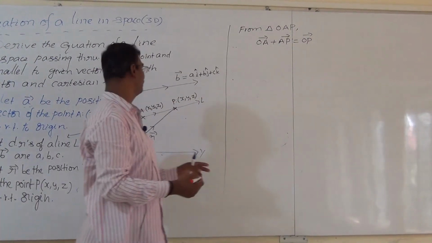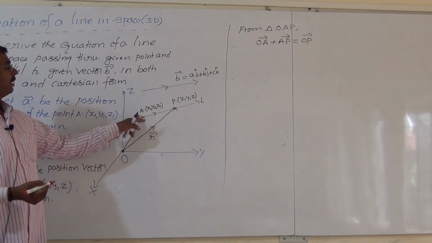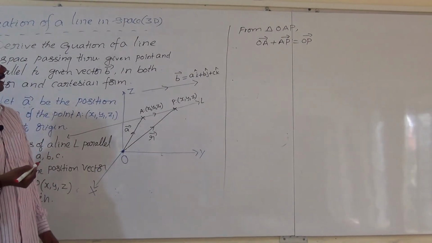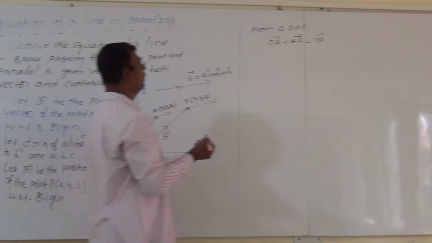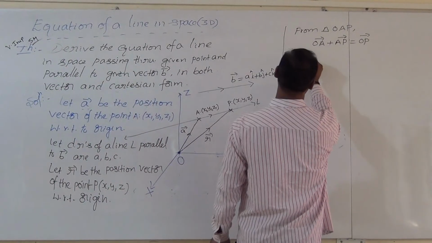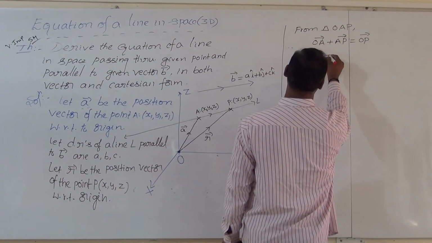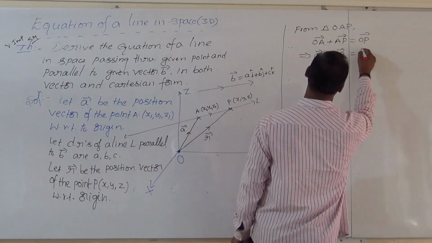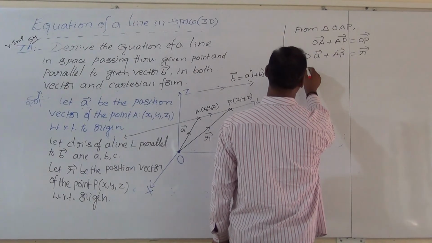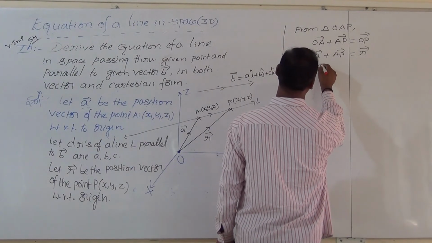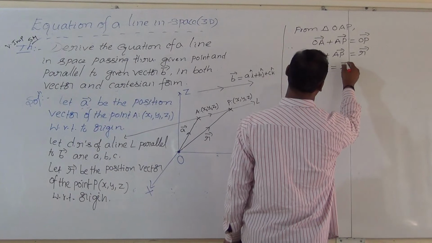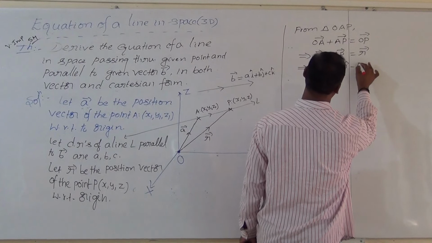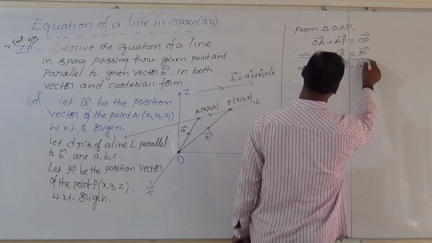Is it right? Yes. It is called triangle law of vectors. OA vector is A bar, so A bar plus AP bar is equal to R bar. Taking this side, AP vector is equal to R vector minus A vector. We got the AP vector.